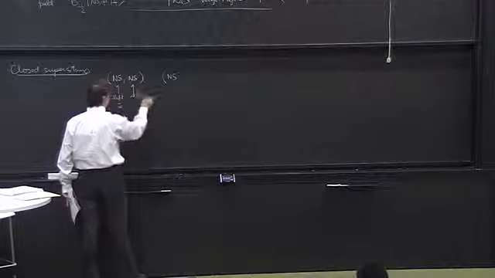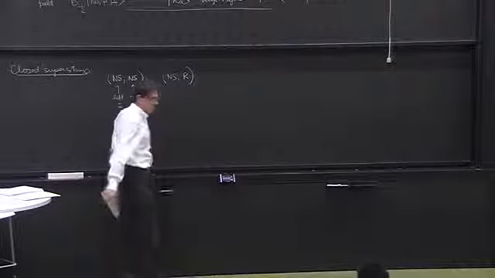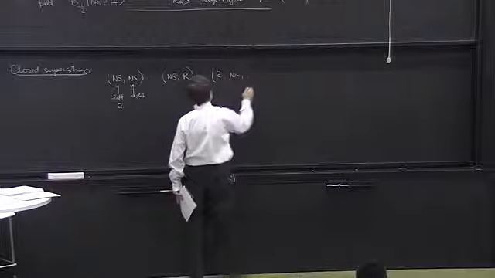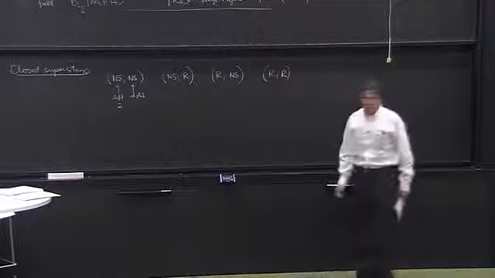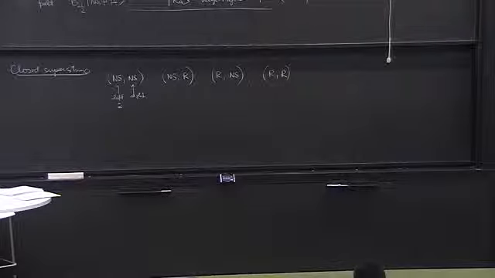That's, of course, convention again. You could put NS and you can put a Ramond here. You can put Ramond and you can put NS. Or you can put Ramond and you can put Ramond. So closed superstrings have 4 sectors. Two open superstrings have 2 sectors. The closed superstrings have 4.